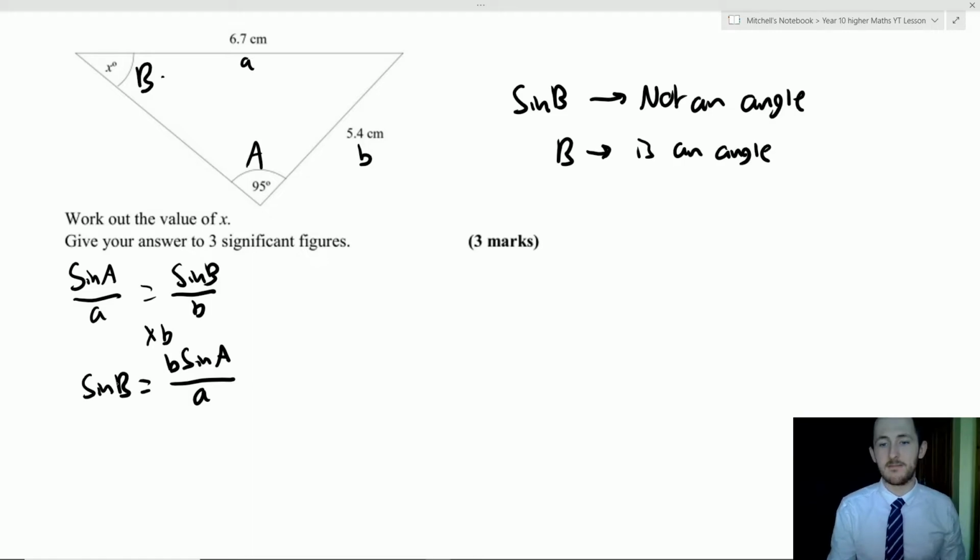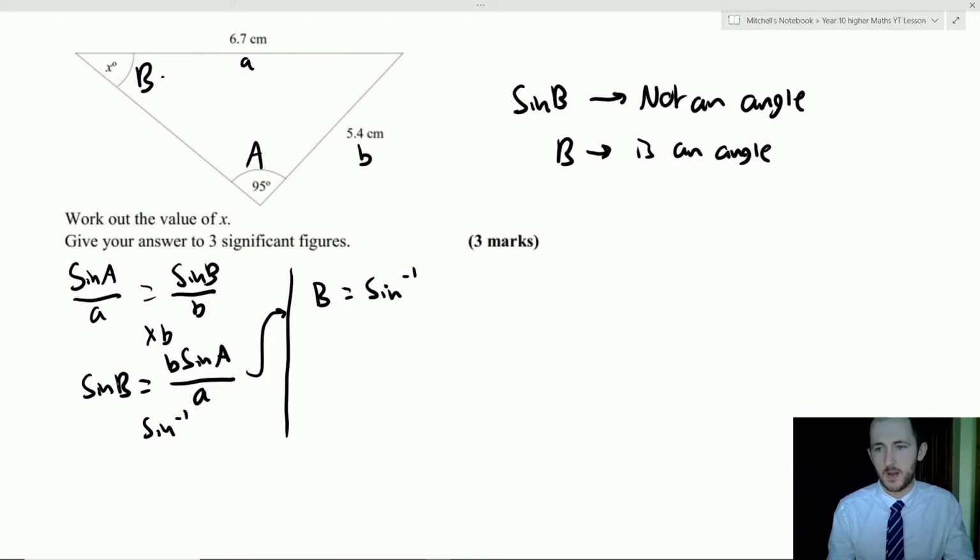So I need to get rid of sine. And the way you do that is you do the sine inverse. I'll explain what this is in just 2 seconds. But let me write this out. When I inverse sine something that has sine, it just becomes B. Then I do sine to the minus 1, big bracket, b sine A over a.